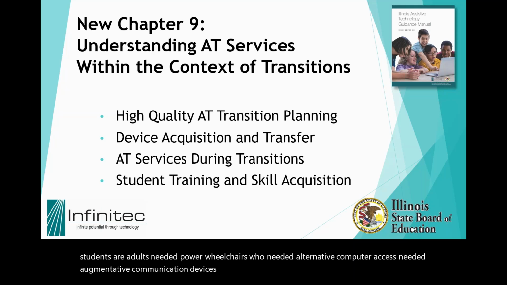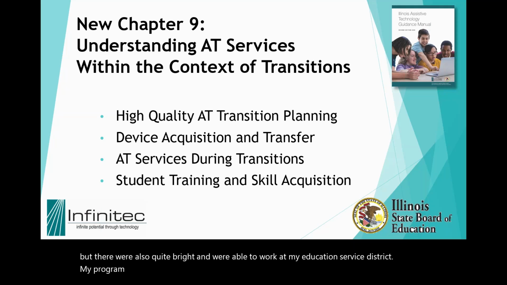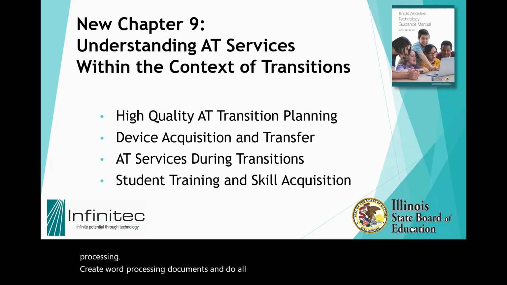So they were pretty severely impacted by their disabilities, but they were also quite bright and were able to work at my education service district in my program as paid employees. They could operate Excel spreadsheets and create word processing documents and do all kinds of pretty traditional office tasks.